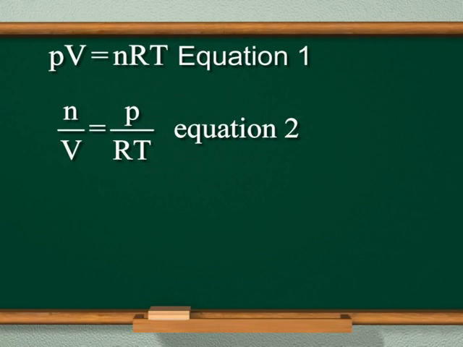As n, the number of moles, is equal to small m, that is the mass of gas in grams, divided by capital M, the molar mass of the gas.